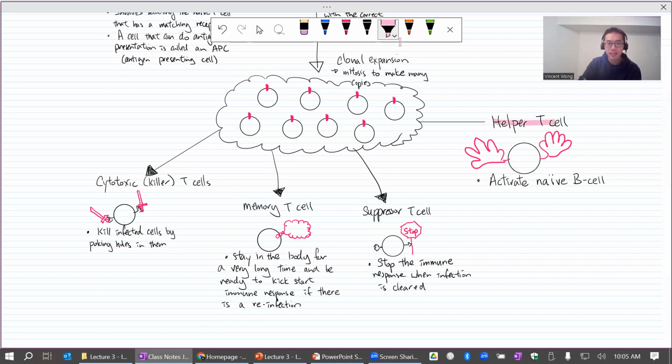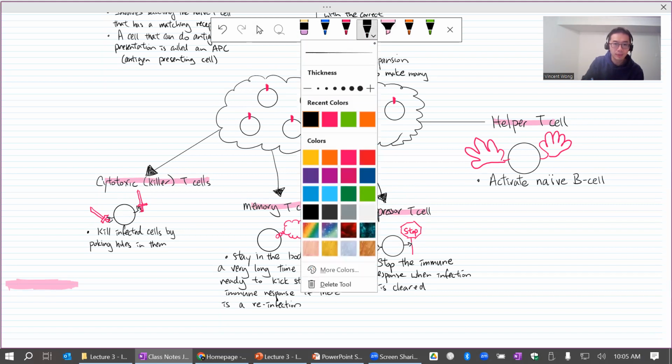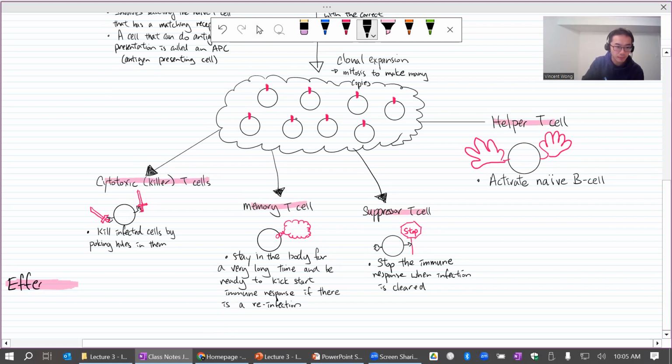So all these cells, the killer T cell, memory T cell, suppressor T cell, helper T cell, are called the effectors of T cells.